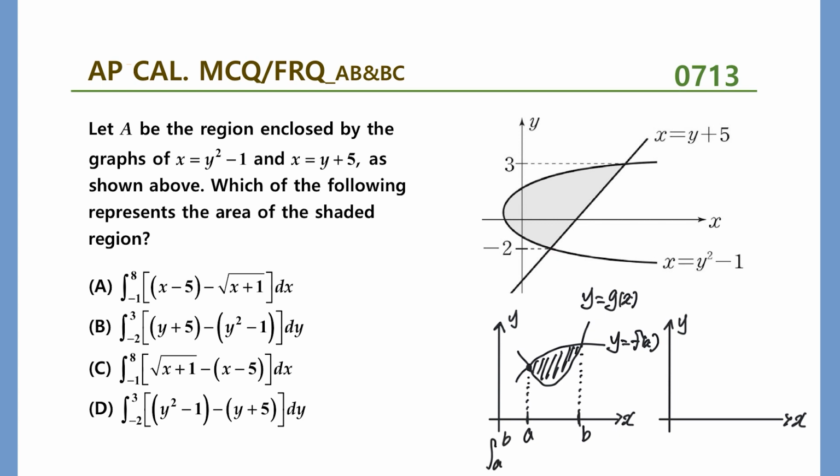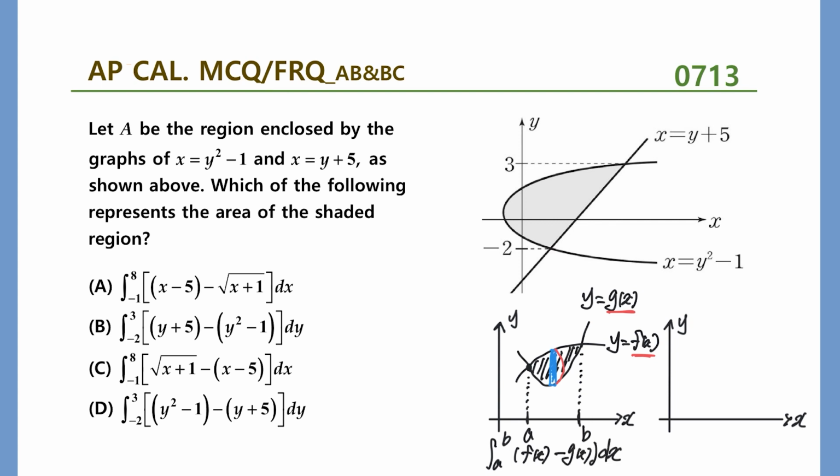The height is the upper curve minus the lower curve, right? So the height from here to here is the upper curve f of x minus g of x, so f of x minus g of x dx.